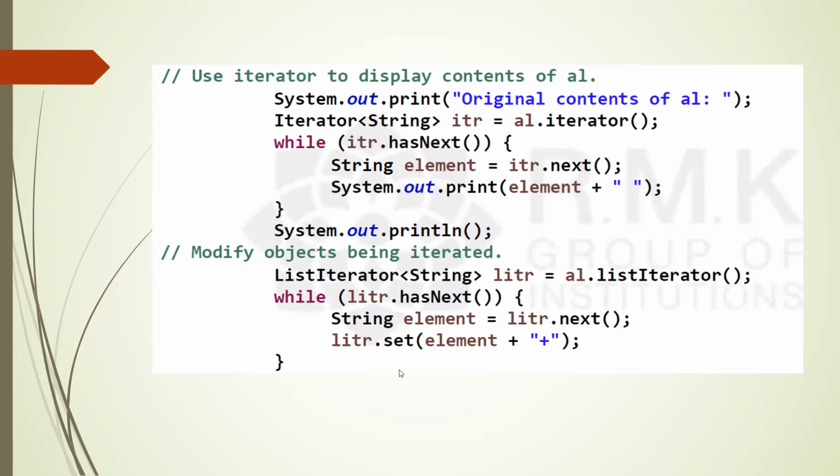Then this particular while loop is used to modify the elements in the list. For that, we use the list object name dot set of the element variable. And what we have to add, we use the plus symbol and add that string. Here we are adding a plus to each element in the list.